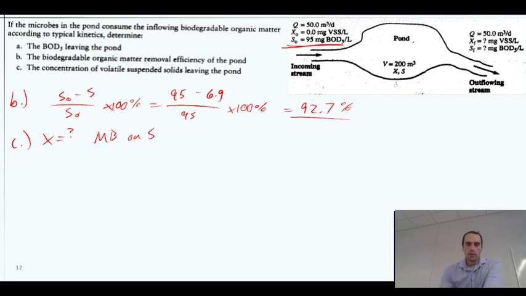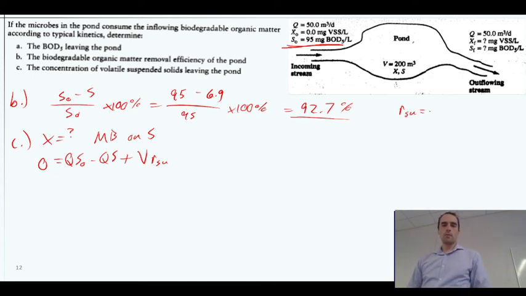So X equals what? We do a mass balance on S. If we do that, we can start off and say 0 is equal to QS naught minus QS. And then here, all we need is the substrate utilization rate in that volume. I wrote some of this up earlier, but the substrate utilization rate can be put in terms of the growth rate, right?